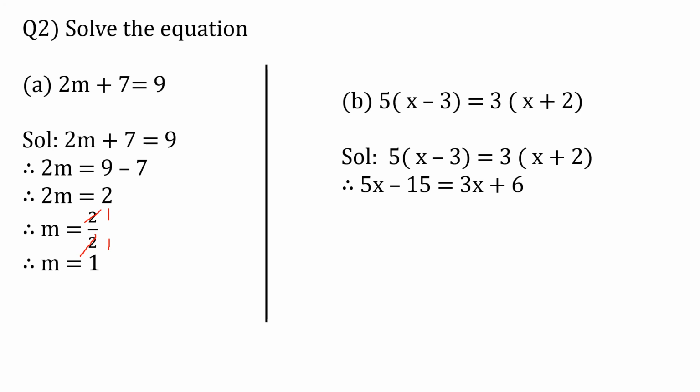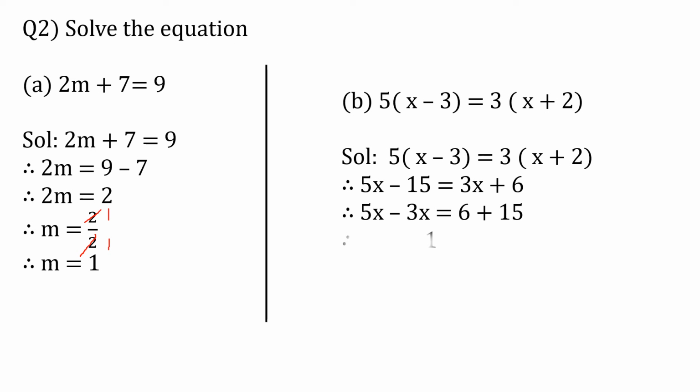So let's bring the variable to the left hand side and the numbers let's move to the right hand side. So the next step you'll get, student, that is therefore 5x. So 3x will come to the left hand side, it will become minus 3x equal to 6. Then minus 15 will move to the right hand side, it will become plus 15. So you'll get 5x minus 3x equal to 6 plus 15.